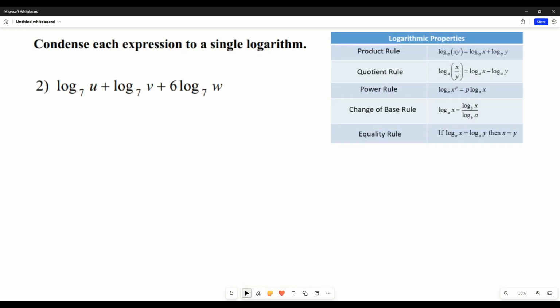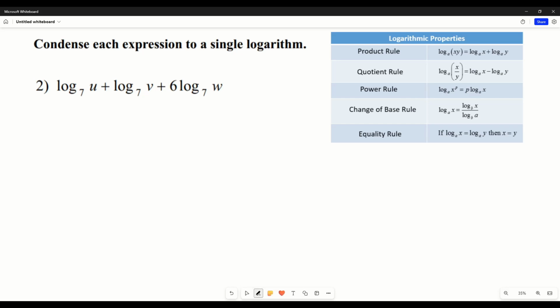For this next question, we have log base 7 of u plus log base 7 of v plus 6 times log base 7 of w. What I like to do is work at each log one by one, or if you want to be quicker, you can work at them at the same time in your head. But for the purpose of this video, I'm just going to work with them one by one.